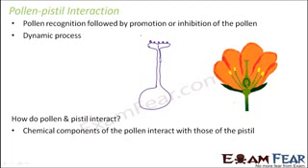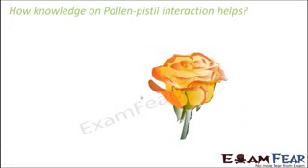The pollen tube will be formed like this, and finally it will enter inside the ovule. The interaction between pollen and pistil starts from here and continues till the male gametes are released inside the ovule. So this is all about the pollen-pistil interaction.